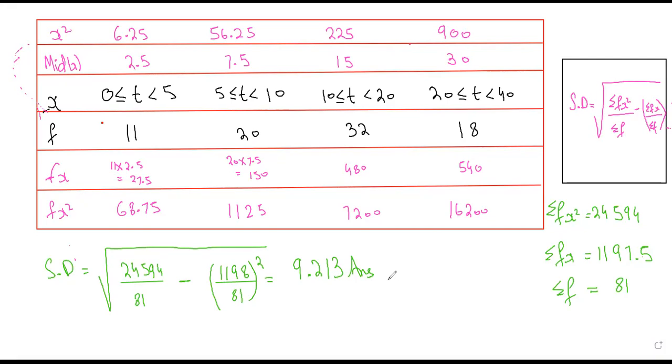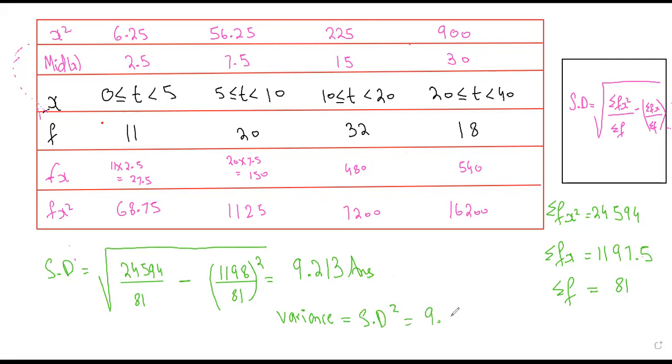Ishal, are you getting the same value as well? Okay, and once we are done with the standard deviation, please find the variance, Ishal. Okay, all right, very good, Ishal. So how do we find the variance? We are finding variance by doing standard deviation squared.